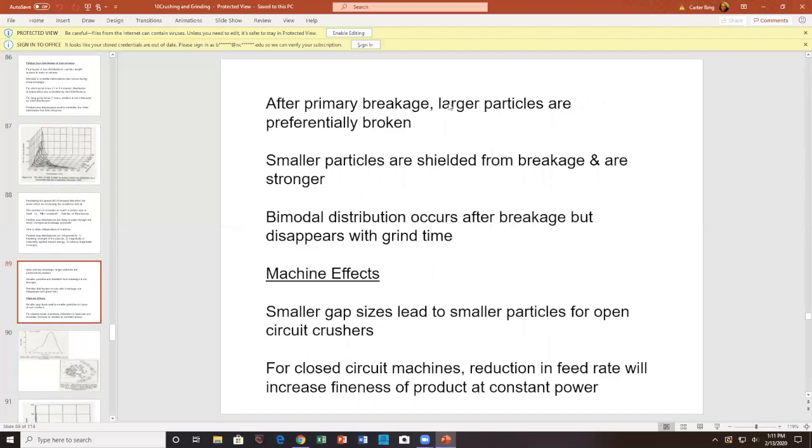Primary breakage: the large particles are broken. The smaller particles are shielded from breakage and are stronger. You have the bimodal distribution occurs. Machine effects: smaller gaps lead to smaller particles for open circuit crushing, which we'll get to in the next presentation.